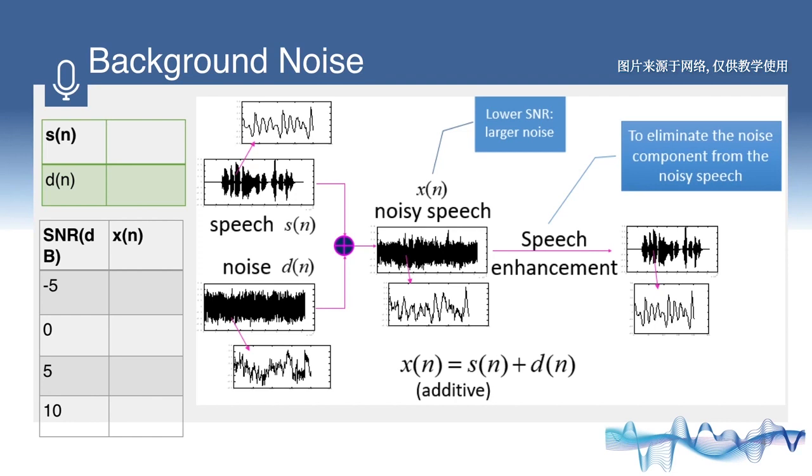This can, of course, mean many things, but it is often associated with the specific problem of reducing the impact of additive noise. The originally clean speech will be degraded with background noise, which leads to noisy speech with different SNR. Lower SNR means larger noise energy. There are some speech samples to show the performance of different signals with different SNR.